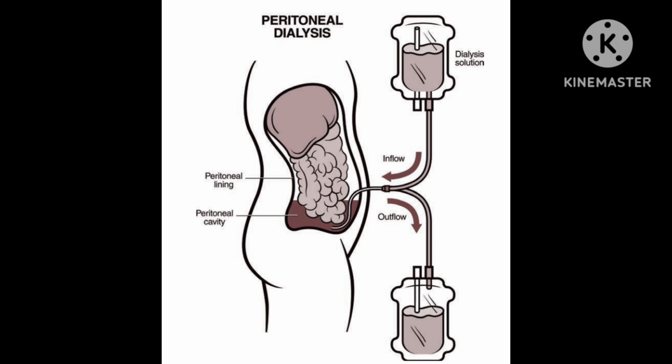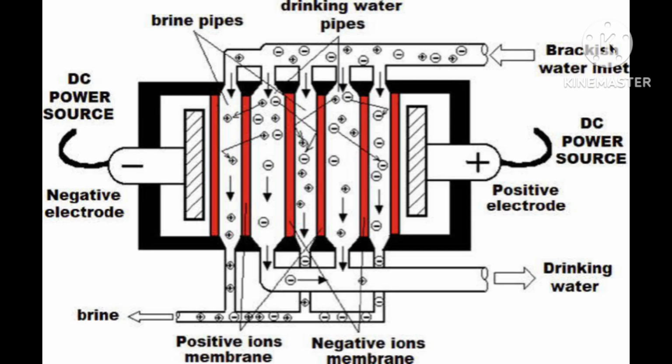The cation ion selective membrane will allow only cations to pass, and the anion ion selective membrane will allow only anions to pass through it.